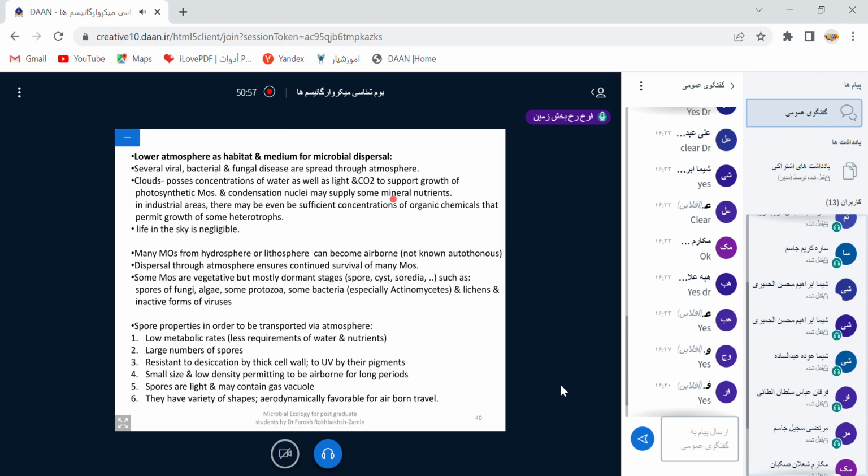Light is sufficient, carbon dioxide is sufficient, but water and minerals are not sufficient for heavy multiplication like in soil and water.